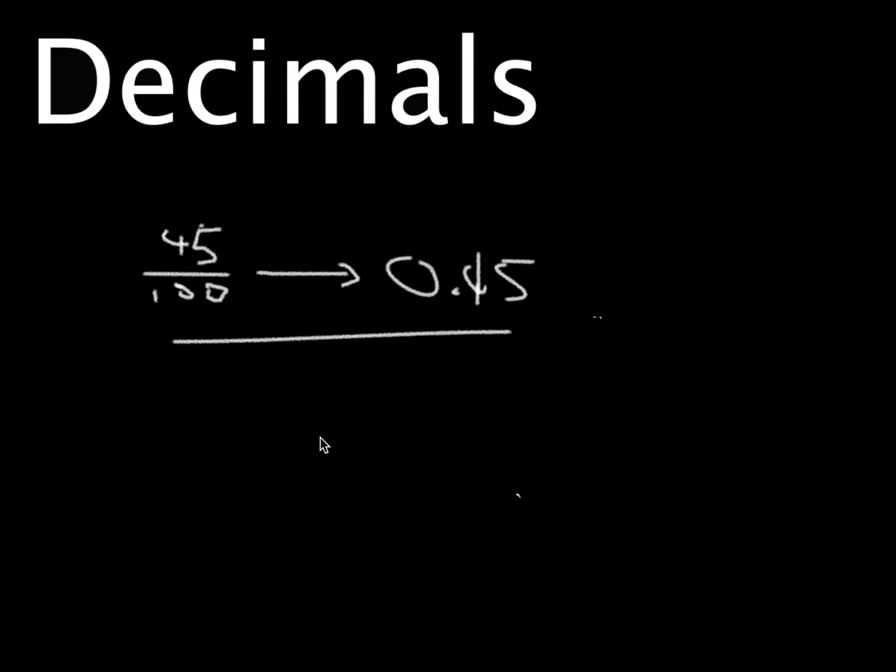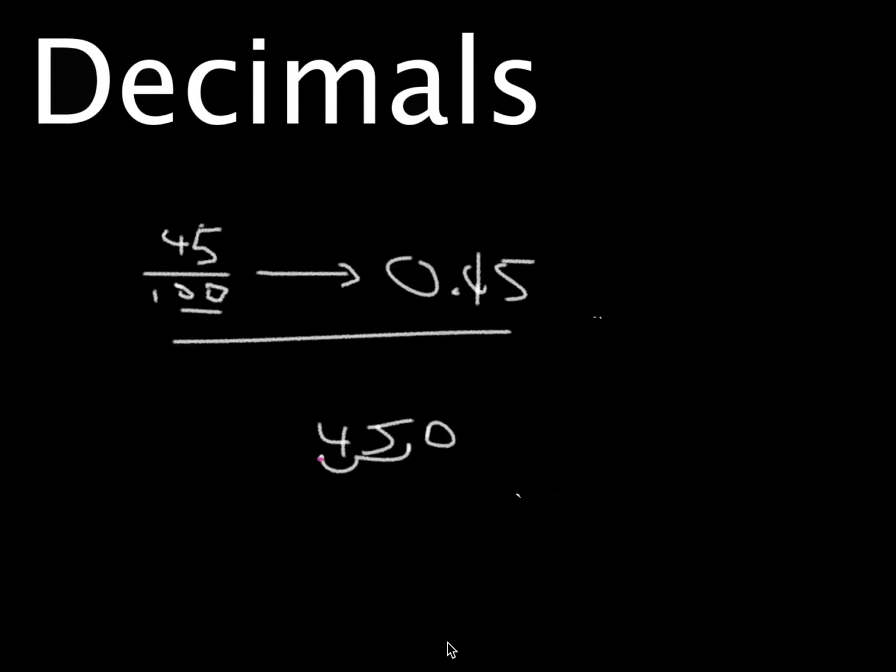Let's take this example. We have 45. Now 45 as a decimal will be 45.0, or just 45. You see the decimal dot is over here. 45 out of 100: 100 has 2 zeros, so we move the decimal to the left 2 times, 1 and 2.